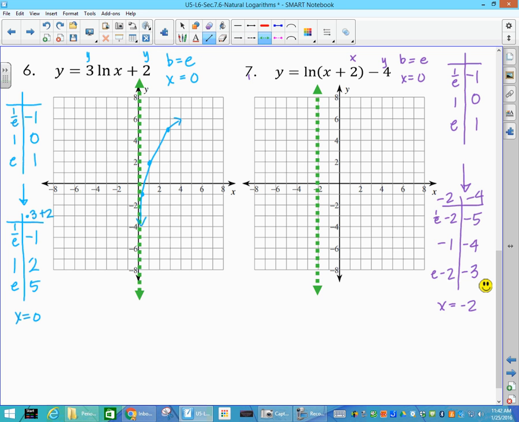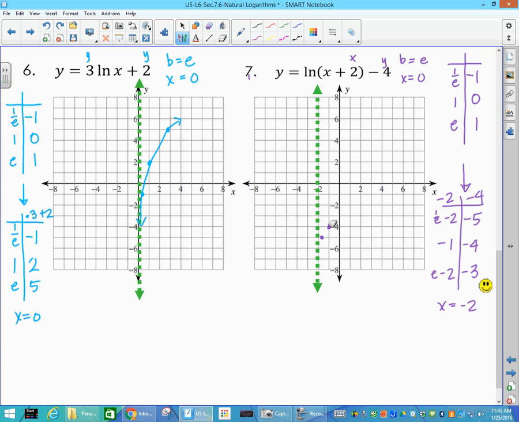So I'm here. And again, negative 1, 4. Or, nope, it's not 4. It's negative 4. Negative 1, negative 4. Okay. Then at 1 over e minus 2, which is right before that asymptote, I'm at negative 5.